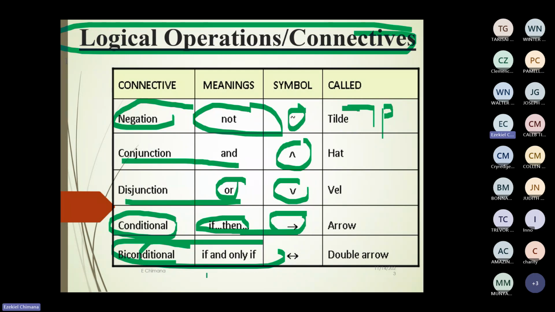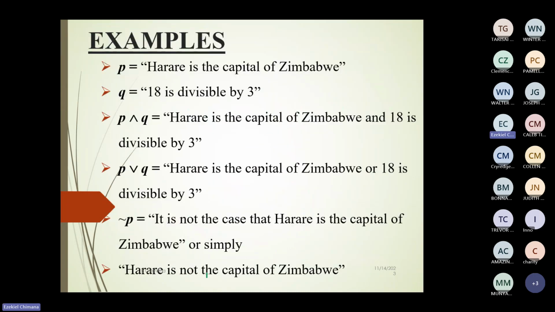So these are all the operations that we will be using in propositional logic to come up with compound statements. For example, we have P: Harare is the capital city of Zimbabwe, and the simple statement Q, which says 18 is divisible by 3.